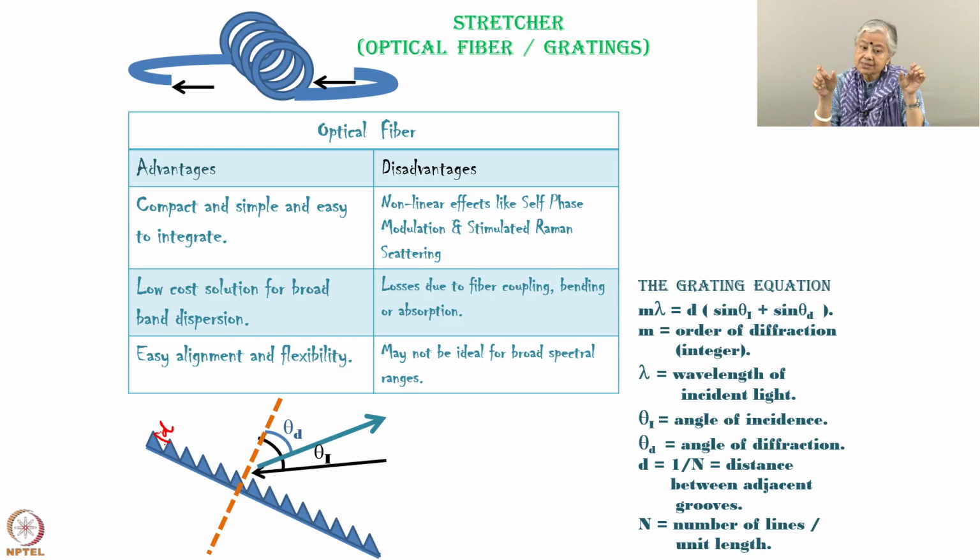Within 1 millimeter of that grating, how many grooves do you have? You must be knowing all this, you would have studied it in optics. Gratings have been used for years and years together, so nothing new in this, it is just being used in this case in a stretcher. Okay, let us go ahead.